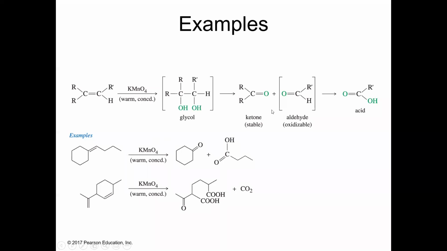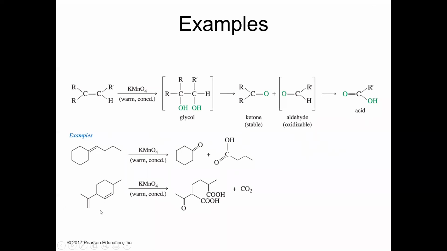But if it's warm and concentrated, the carbon-carbon bond actually splits, and we get ketones or carboxylic acids, depending on whether we have hydrogens or carbons attached to the double bond. Aldehydes are not isolated because they're immediately oxidized to carboxylic acids. So we replace the CC double bond with two CO double bonds.